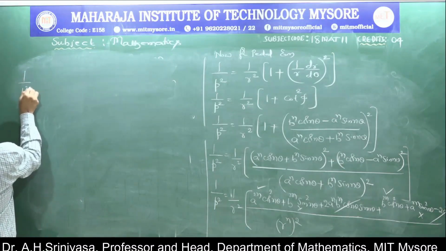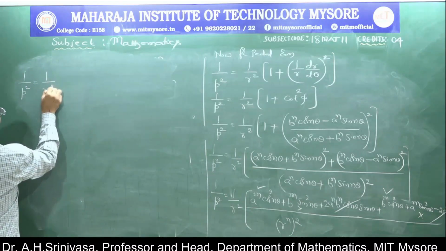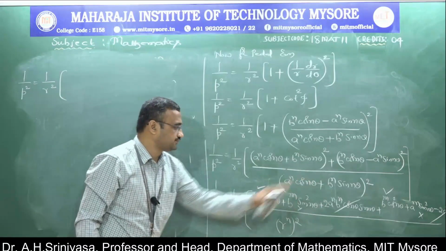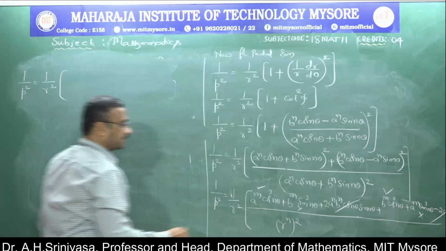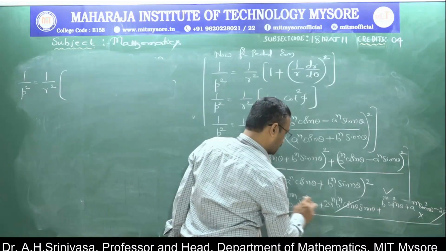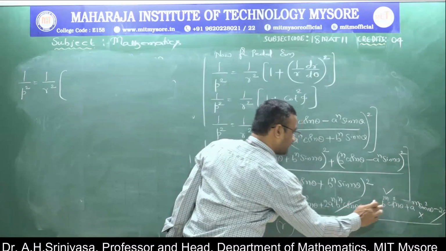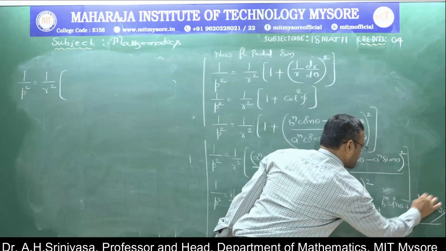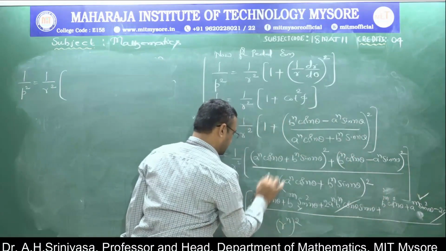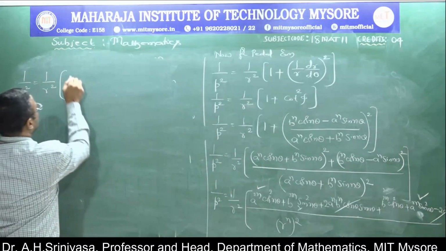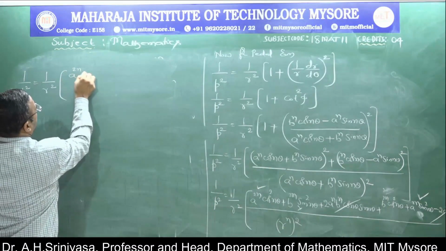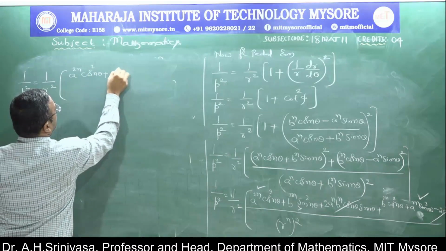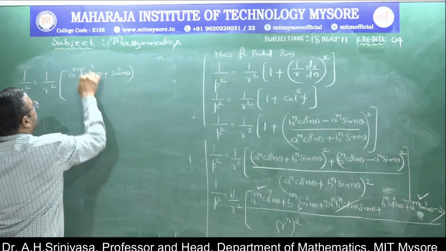1 by p square equal to 1 by r square. Now take a common factor from these two. What do we get here? a power 2n, 1 is there, and one more a power 2n here. If you take a common factor of a power 2n from these two, we get cos square n theta plus sin square n theta.